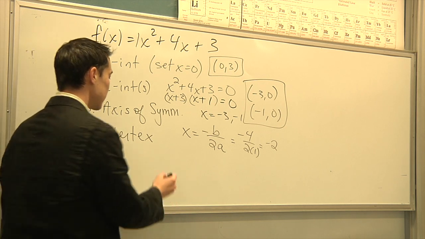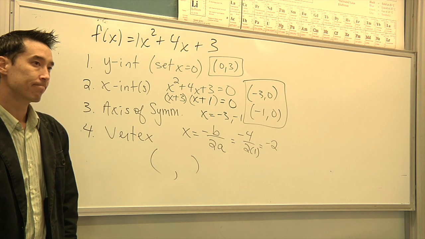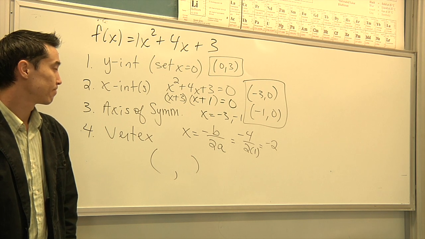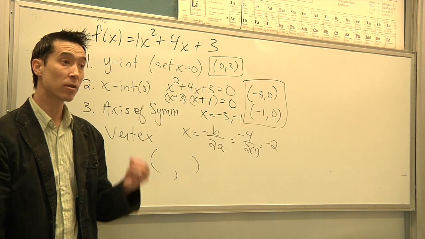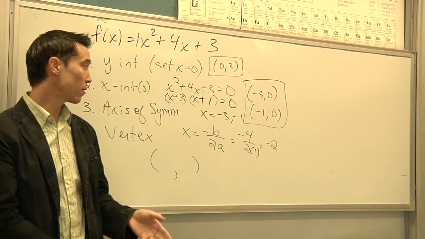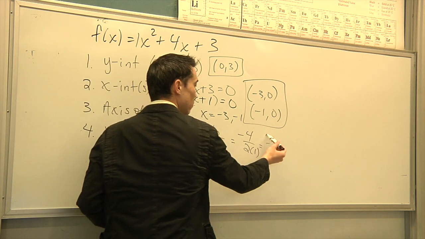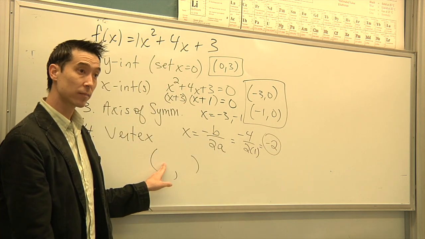Then my vertex. What do I know about my vertex? 2 things to know. One is it's either the minimum value or the maximum value of your graph, right? Depending on if the parabola opens up or opens down. But also the x value has to be the same as the axis of symmetry because it's right in the middle, okay?